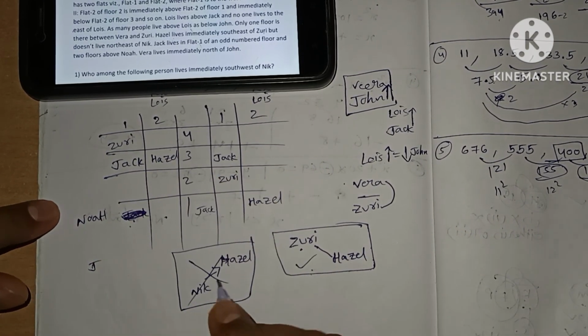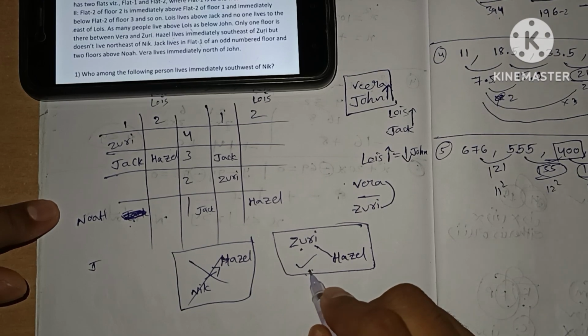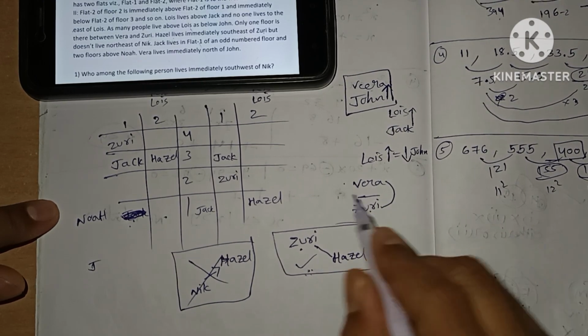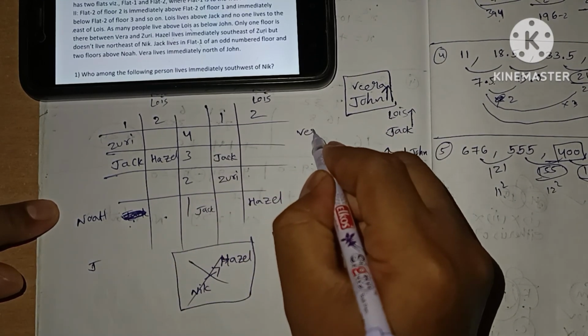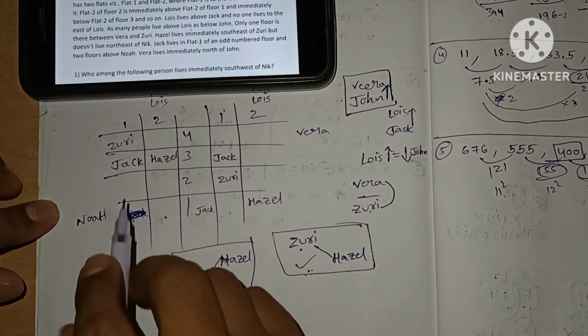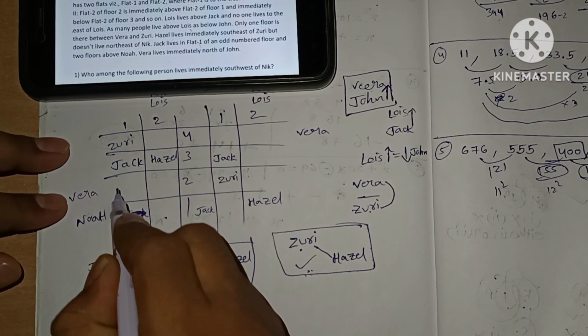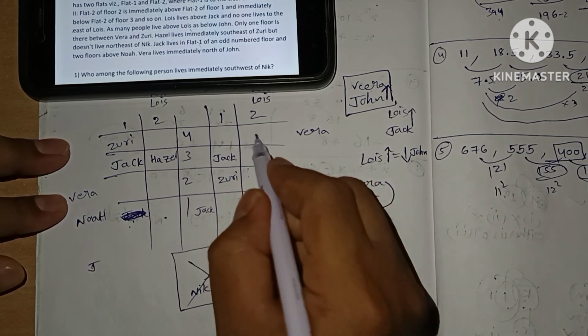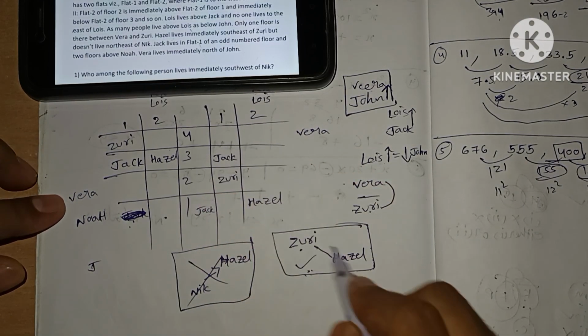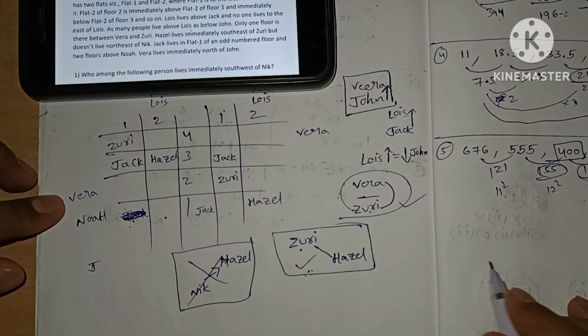Okay. This one completed. Next, if we take Jury here, then Vera's place comes here. This is Vera's floor in this case. Okay, this is also completed.